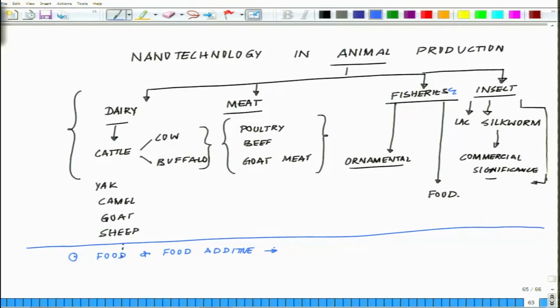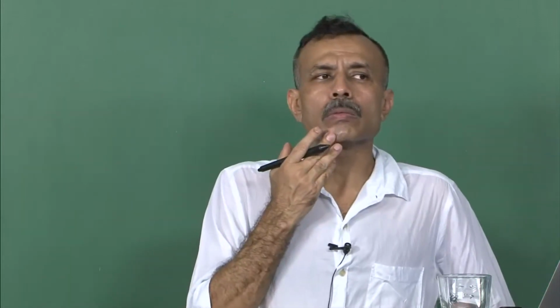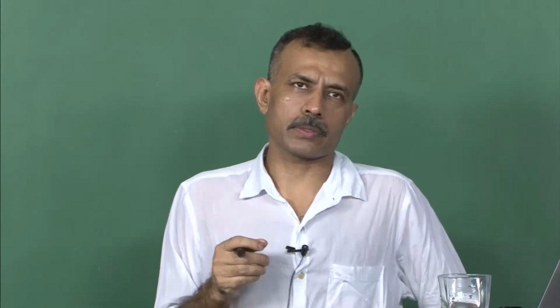When we talk about food additives, if we look at human nutrition, which is what we are much more familiar with, we talk about sources of carbohydrate, protein, lipids or fats, then you have vitamins and minerals. Now, in animal nutrition, it is pretty much the same. You need carbohydrate, protein, fat, lipids, and minerals. One of the challenging parts is delivery of minerals and nutraceuticals. It's a big area and a huge market out there, wide open.